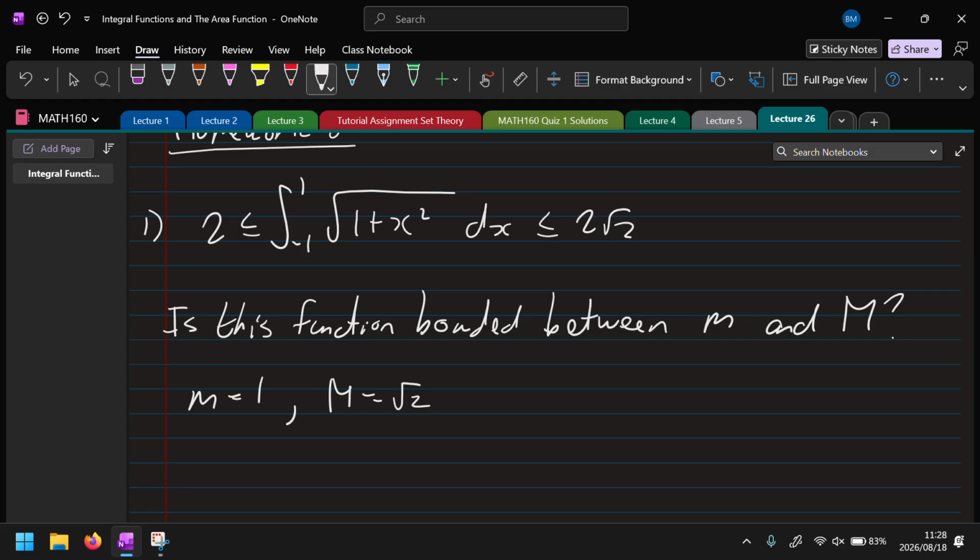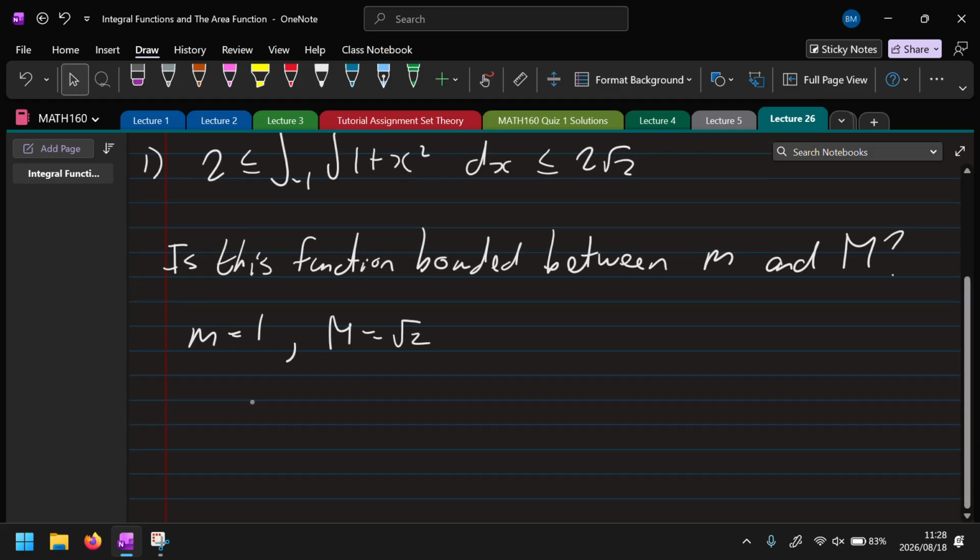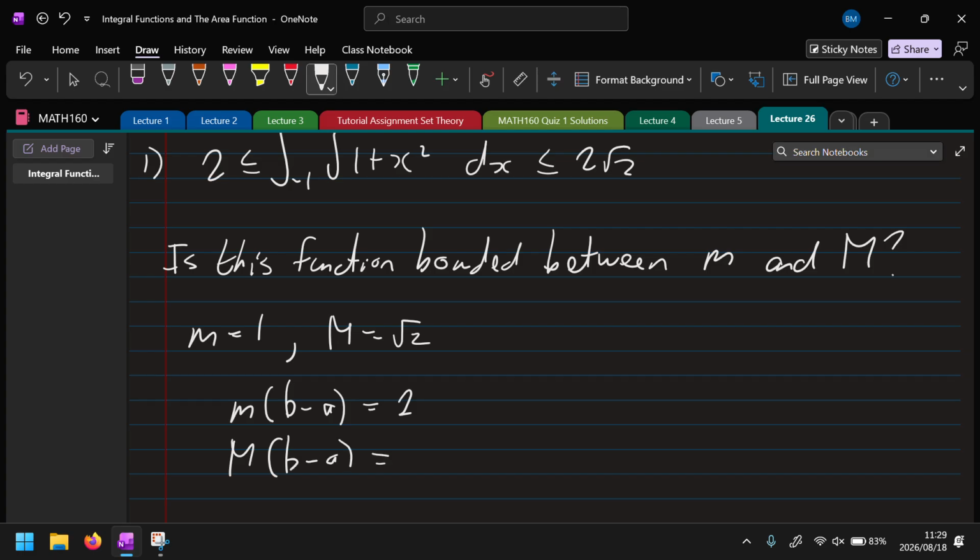Now we can just use property number 10. So little m times b minus a is less than or equal to the integral, which is less than or equal to capital M times b minus a. Quick check, b minus a is 1 minus -1, that will be 2. So we have m times (b minus a) is 2, and capital M times (b minus a) is 2 root 2.